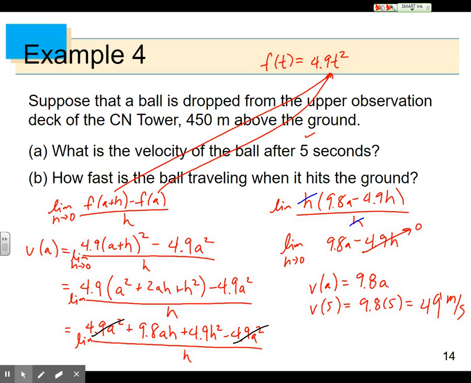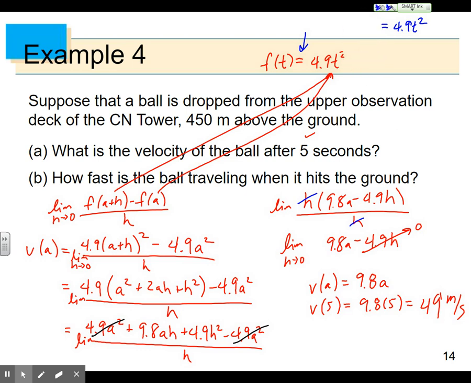How fast is the ball going when it hits the ground? Well, when did the ball hit the ground? It's a good question. To figure that out, I can take its position up here at the top, and it would be where its position is equal to 0. I'm sorry, it wouldn't be 0.